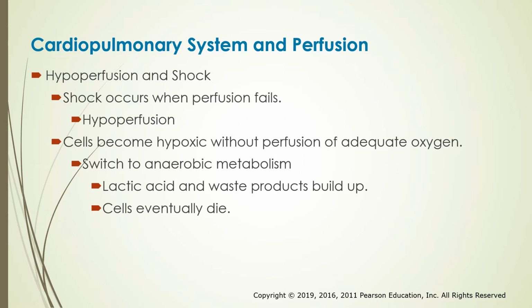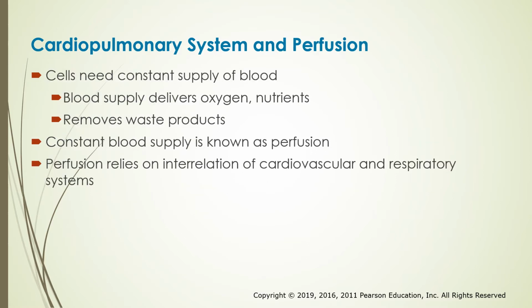And then lactic acid and waste build up, and then the cells eventually die. So our cells need a constant supply of blood, because blood is delivering the oxygen and the nutrients and getting rid of the waste. The constant blood supply is known as perfusion, and that relies on making sure our cardiovascular and respiratory systems are working together.